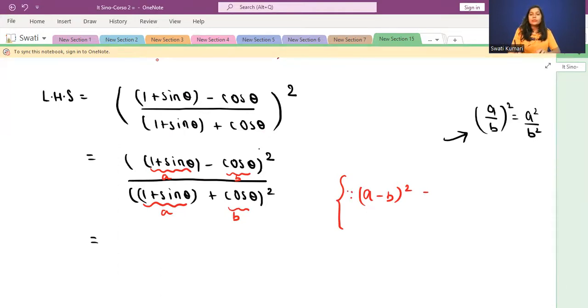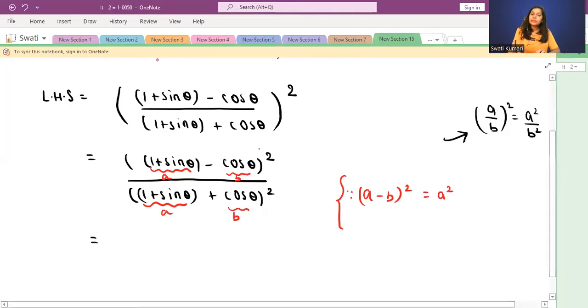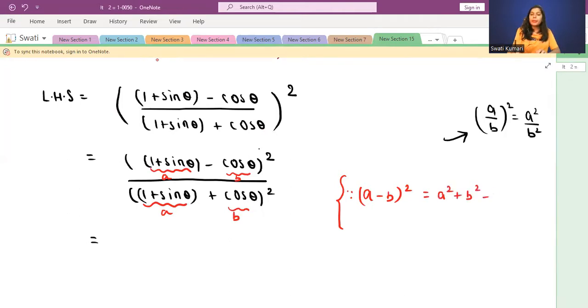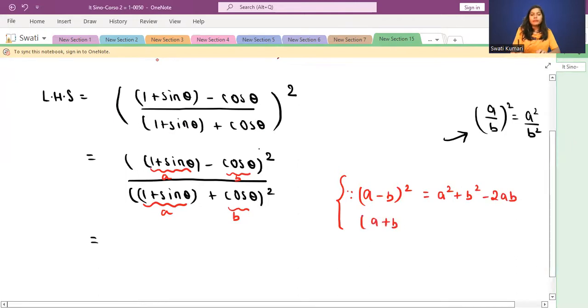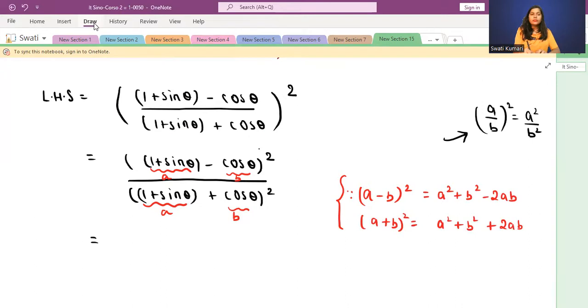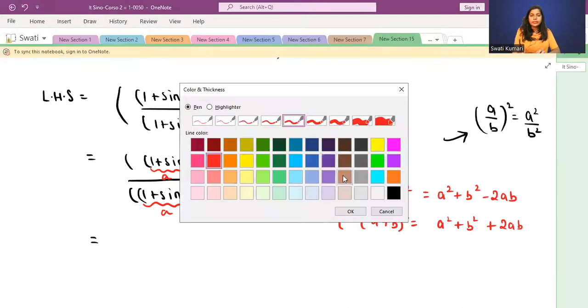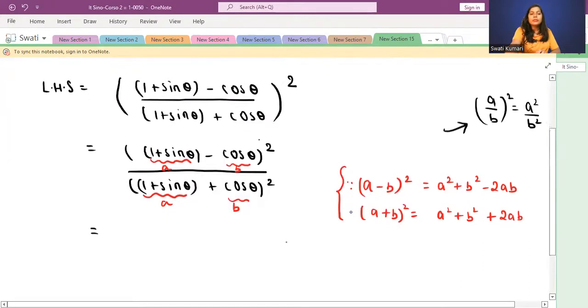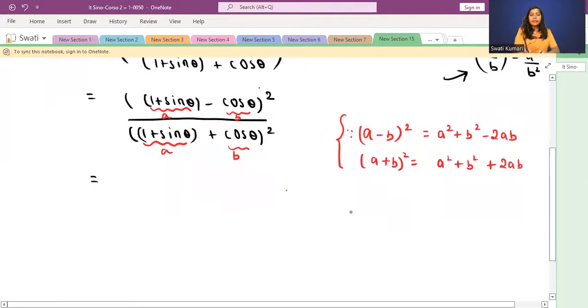So (a minus b) whole square, everyone knows the formula: a square plus b square minus twice of ab. And (a plus b) whole square, very simple, all of you know this: a square plus b square plus twice of ab. Now, using this formula, we can move ahead. So if I use that formula, the numerator will become (a minus b) whole square, which is a square.